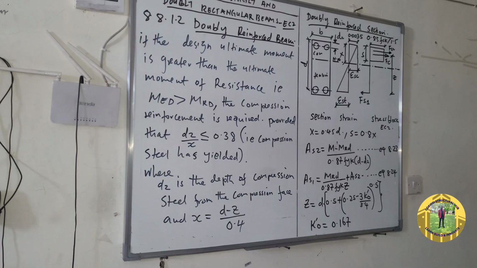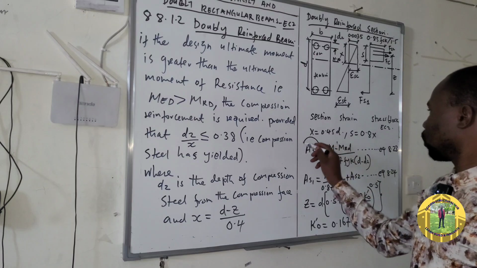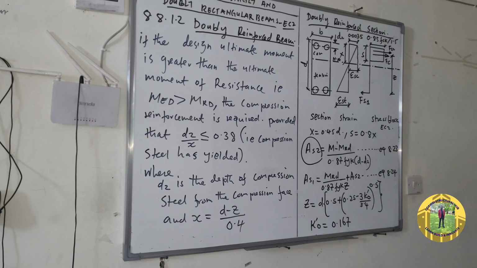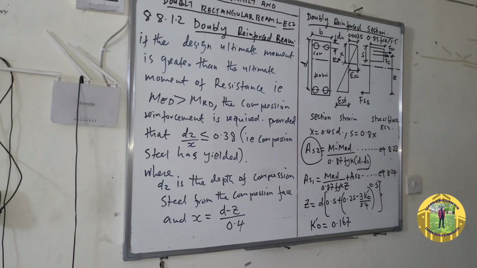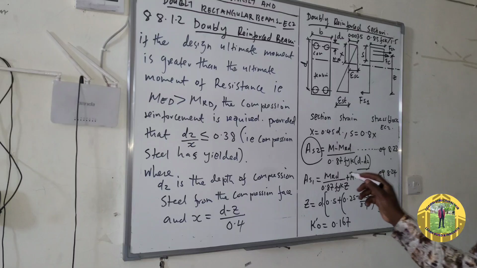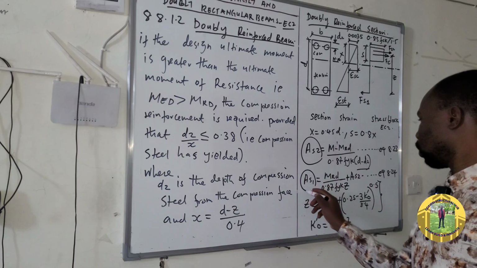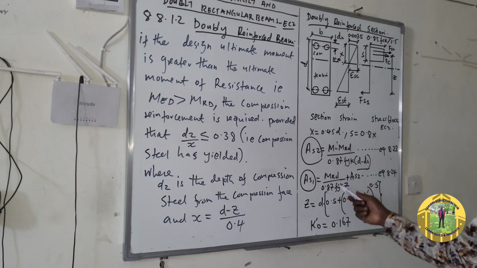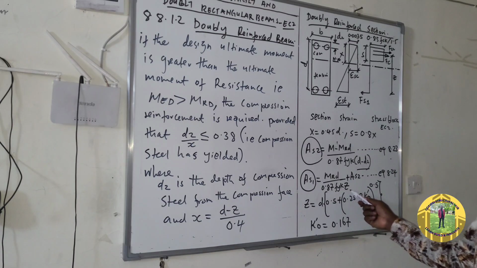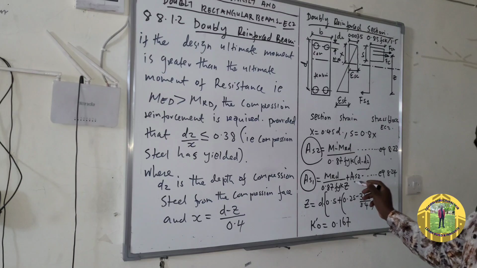To determine the area of compression reinforcement, it is equal to M minus MRD over 0.87 FYK into d minus d2. This is equation 8.23. And then the formula for area of steel in tension is equal to MRD over 0.87 FYK Z plus the area of compression steel.